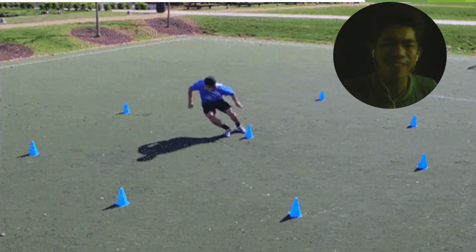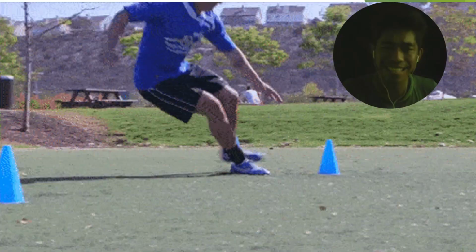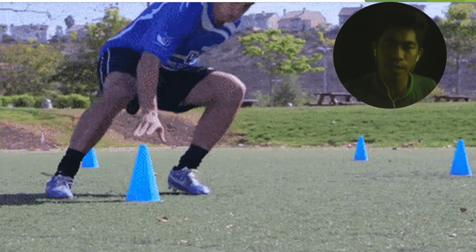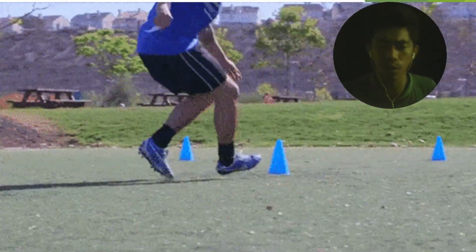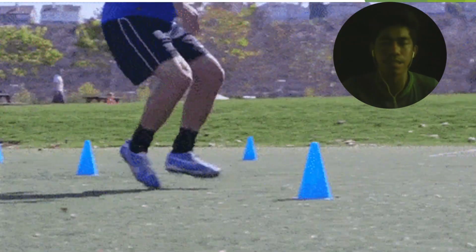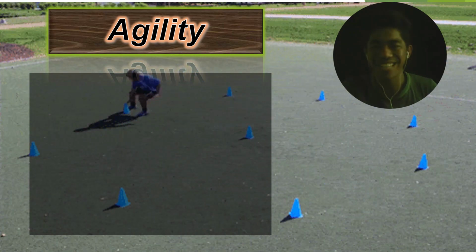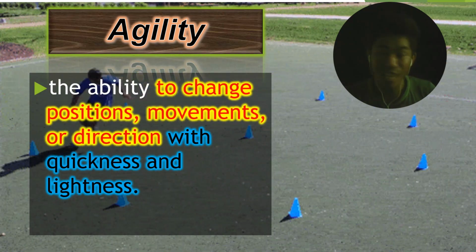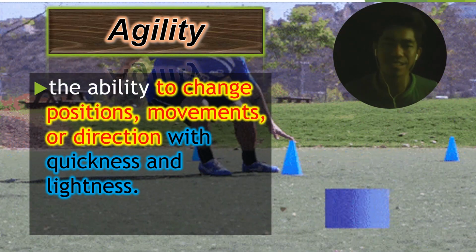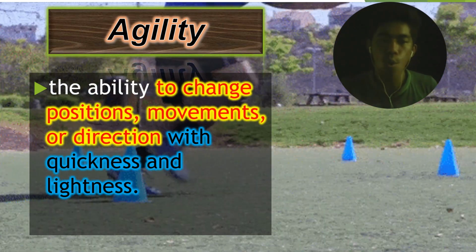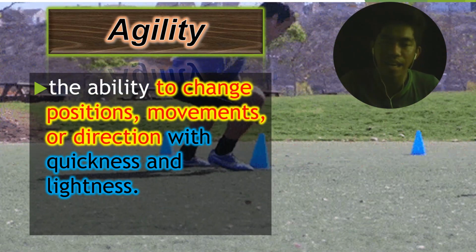And we have our next skill-related fitness. The woman or the man is transferring from one cone to another cone. What do you think is this skill-related component? That is agility. When I talk about agility, this is the ability to change positions or movements or directions with quickness and lightness.